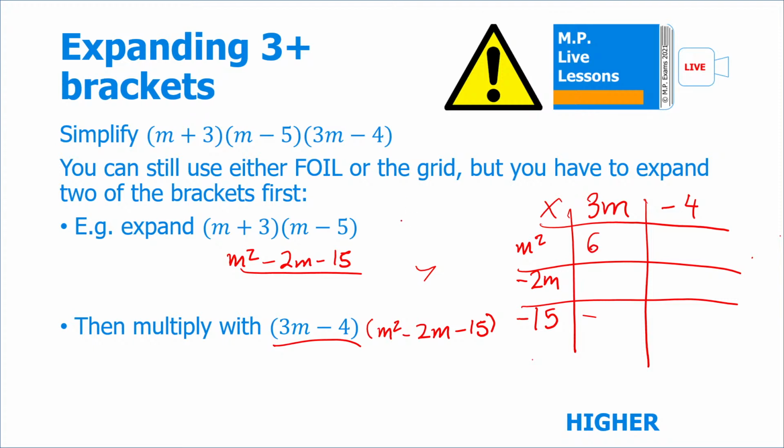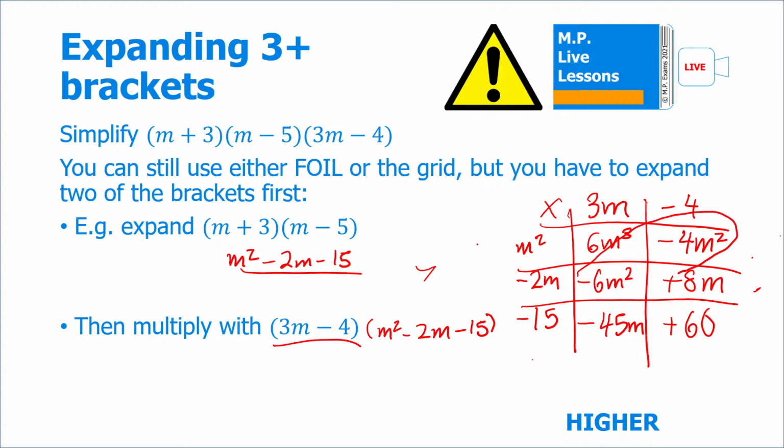So we have our 6m cubed minus 6m squared minus 45m plus 60 here, plus 8m, and then minus 4m squared.